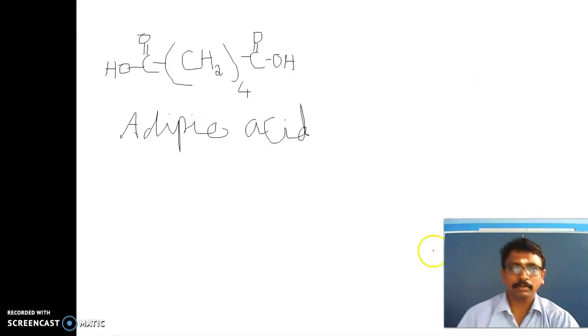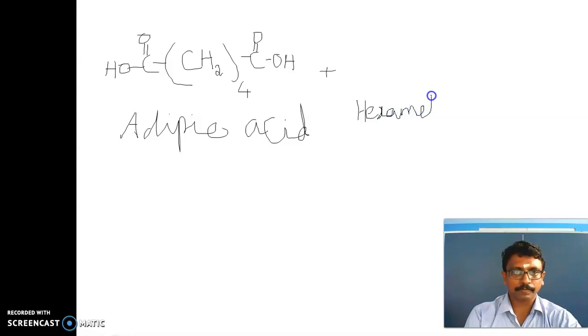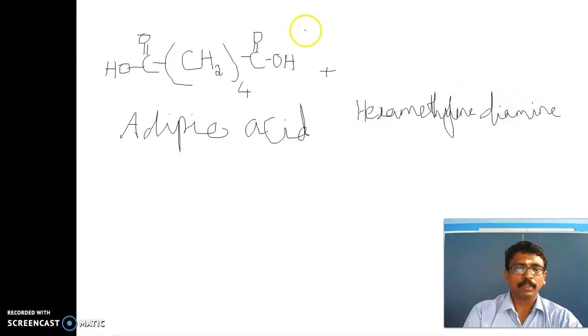So adipic acid plus hexamethylene diamine. Hexa means how many carbon, children? Six carbon.